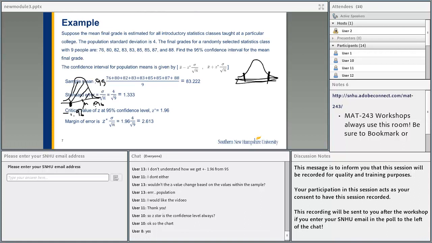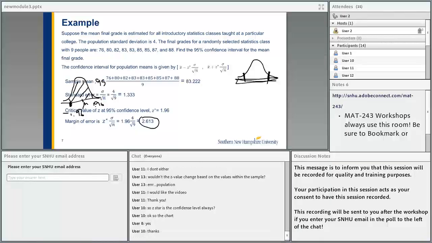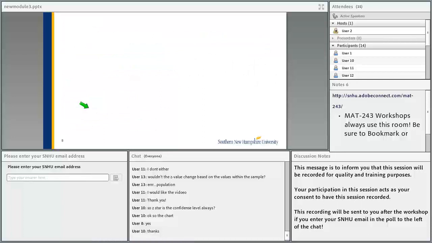So we got the margin of error to be 2.613. Now what we want to do is add and subtract this value from the mean to get your confidence interval. When you add and subtract, you get two values, the lower bound and the upper bound.